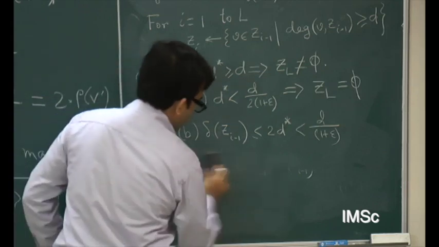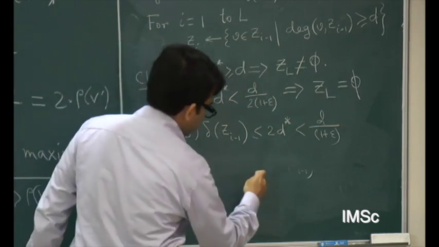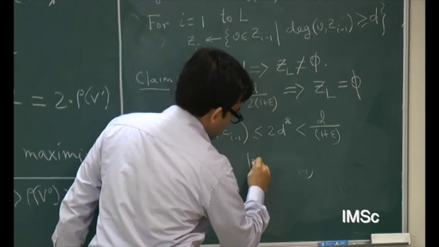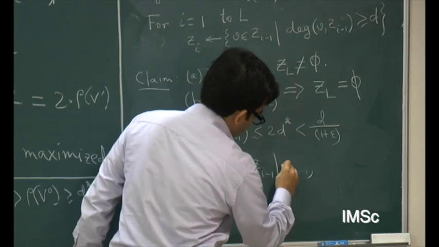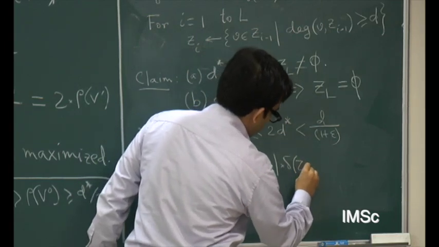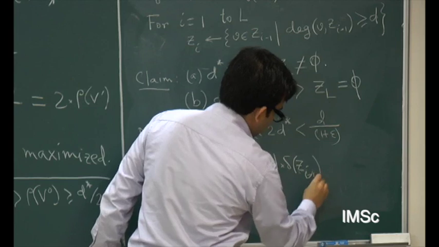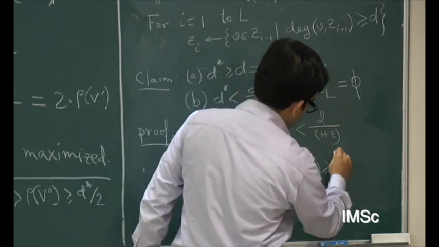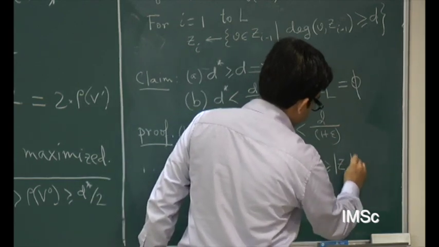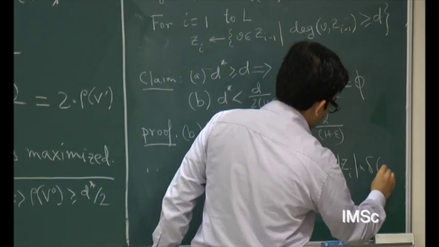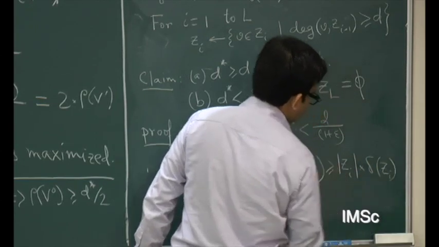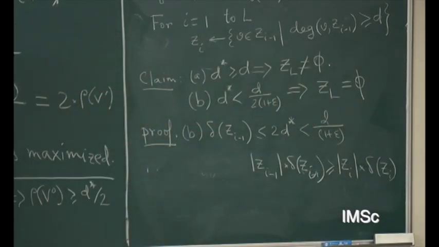Let me write it like this, then it will be easier to see: size of Zi minus 1 times delta Zi minus 1 is greater than or equal to size of Zi times delta Zi. Okay?